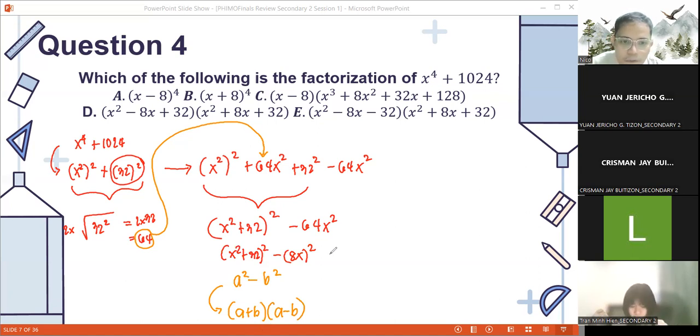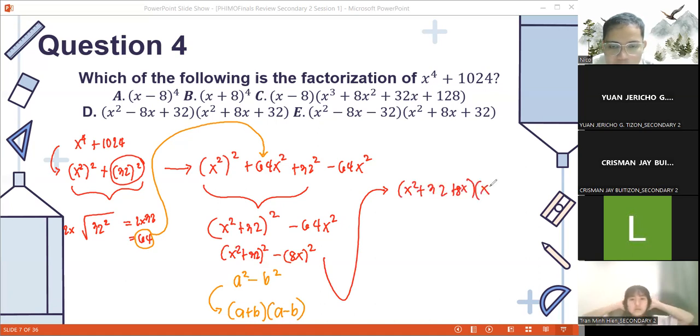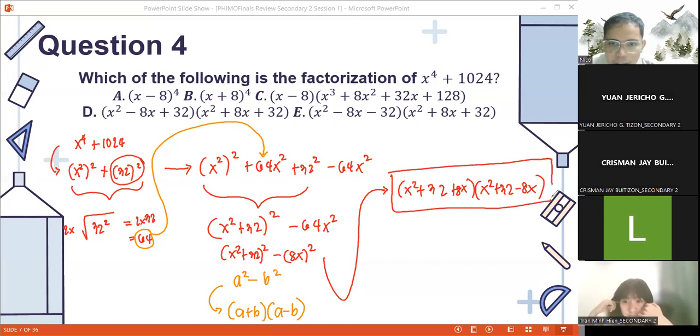So continuing further, we now have x squared plus 32 plus 8x times x squared plus 32 minus 8x. And this is our final answer. So from a binomial, which is x to the 4 plus 1024, we made it into factors.